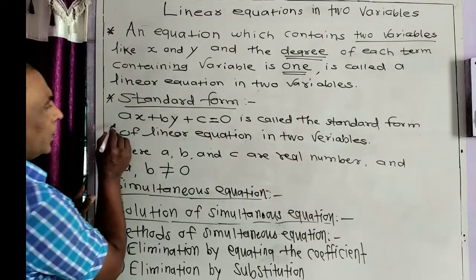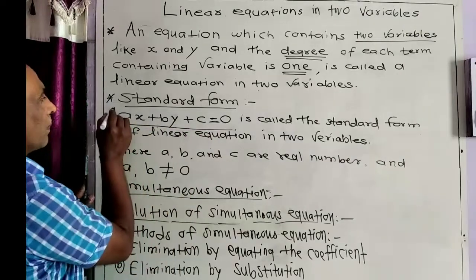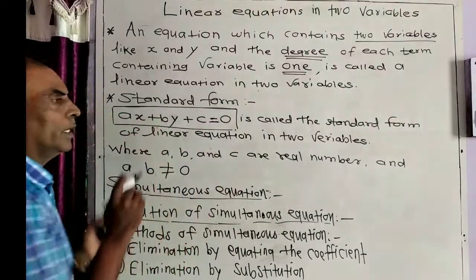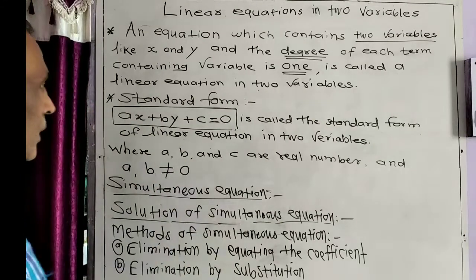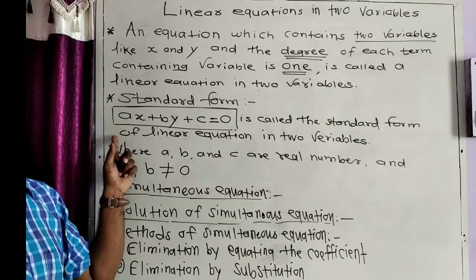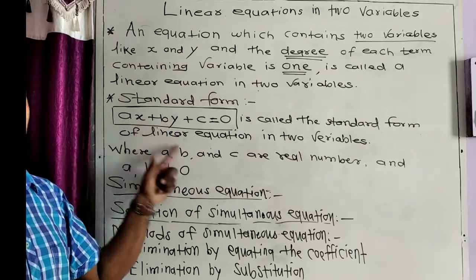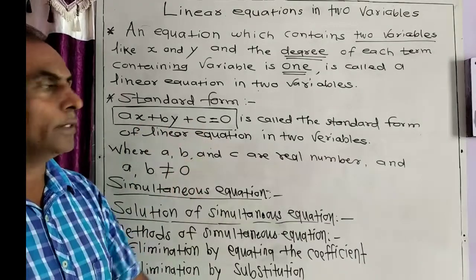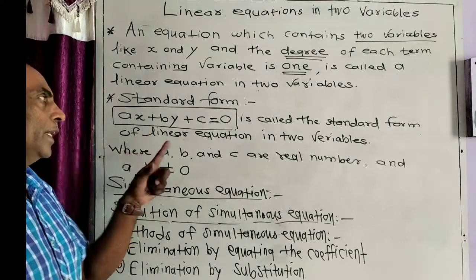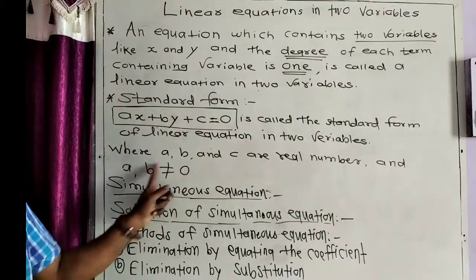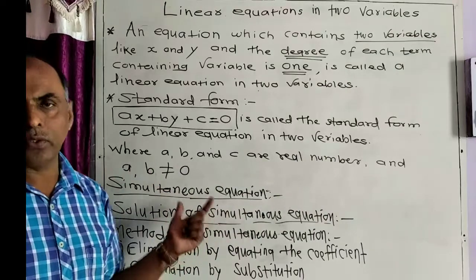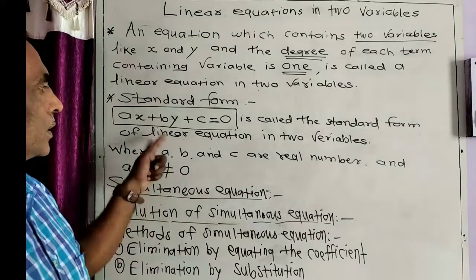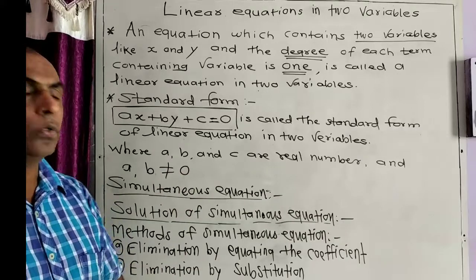In the standard form, a is called the coefficient of x, b is called the coefficient of y, and c is called the constant, where a, b, c are any real numbers and the values of a and b are non-zero.